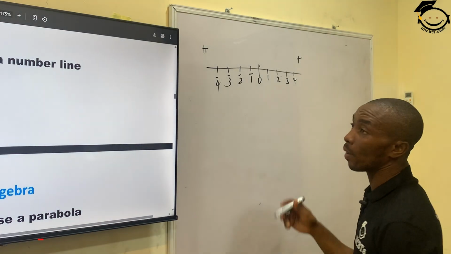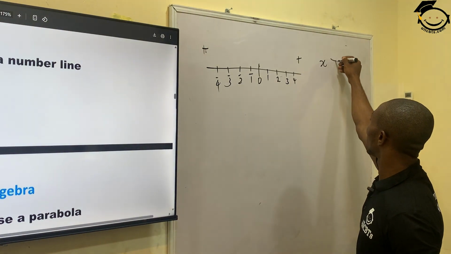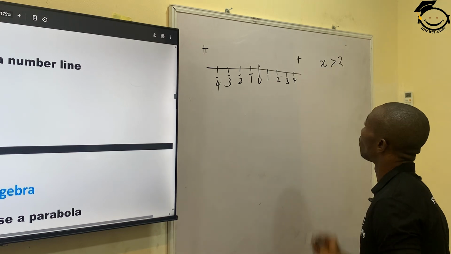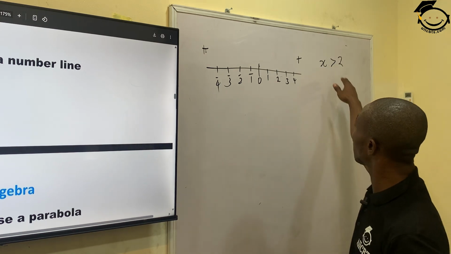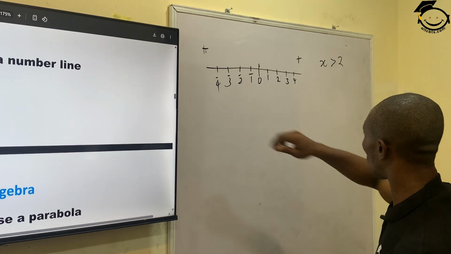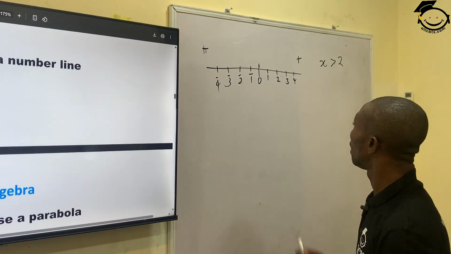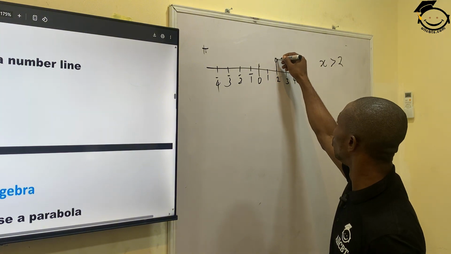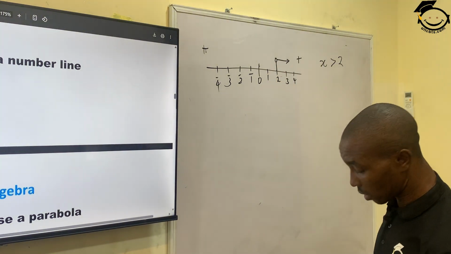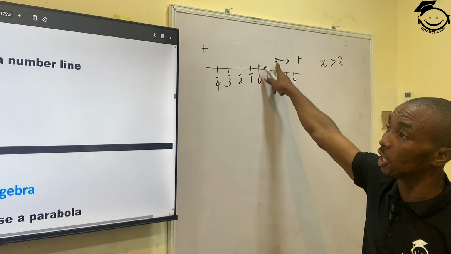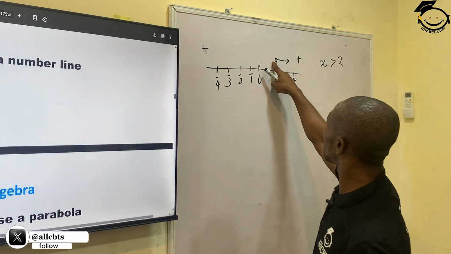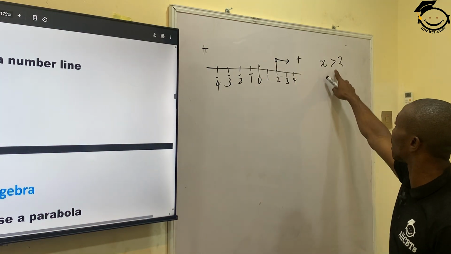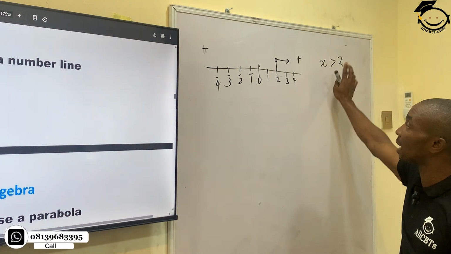So for example, where we have x is greater than 2, for us to represent this on our number line, the value of x will be greater than 2. Now notice that I didn't shade it. Once it is not shaded, it simply means that it is greater than or less than.